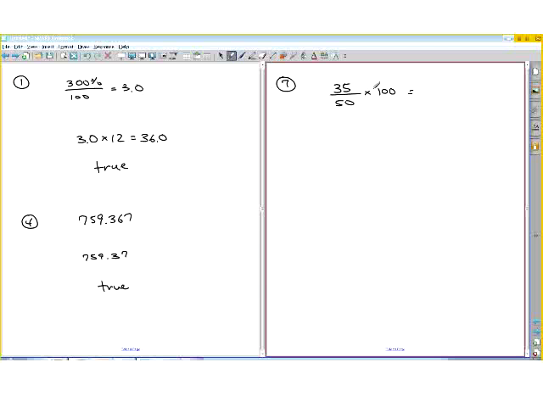So we take 35 divided by 50 times 100, which is 70. It says that if 70% is the lowest passing grade, then you're right at the lowest. If it had been 69.9999, you'd fail. So this one is also true.